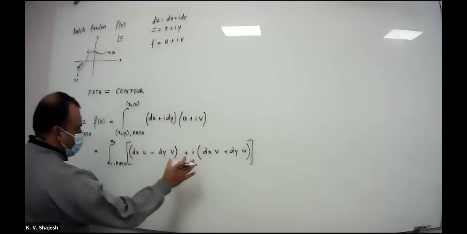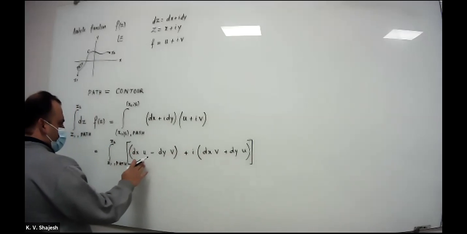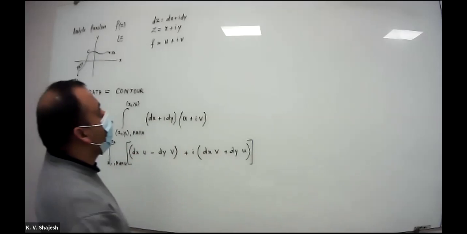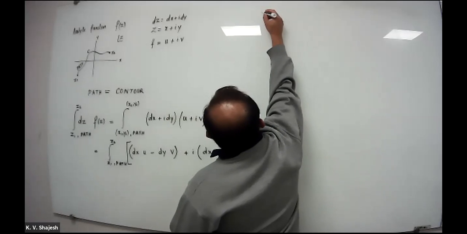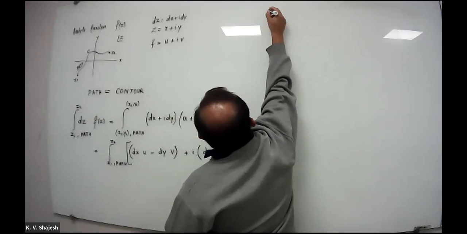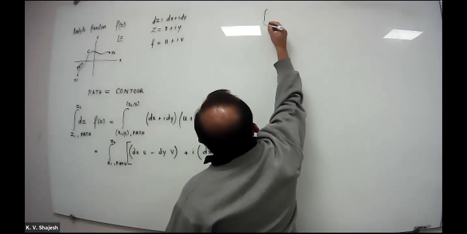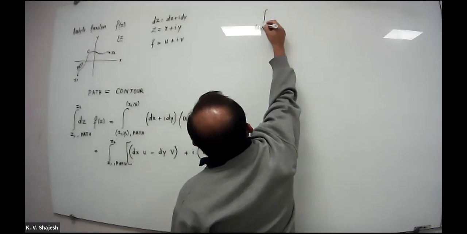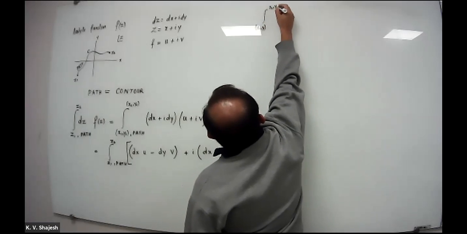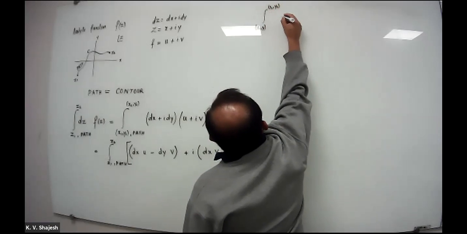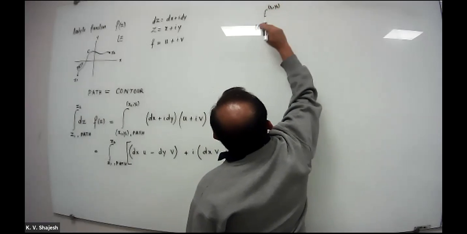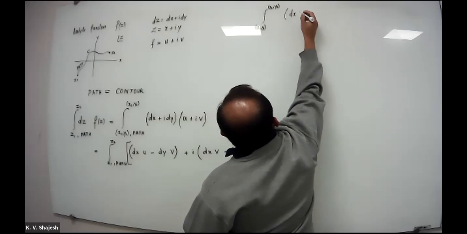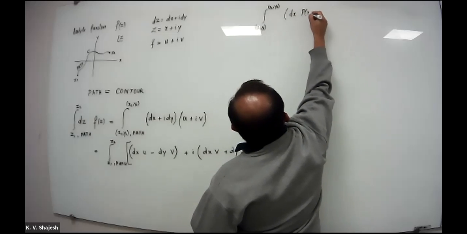Each of these is a dx times some function or dy times some function. So let's do some arbitrary case. So let's do the following integral. I'm again going from x1, y1 to x2, y2 along a path, so this is dx, and p as a function of x and y.